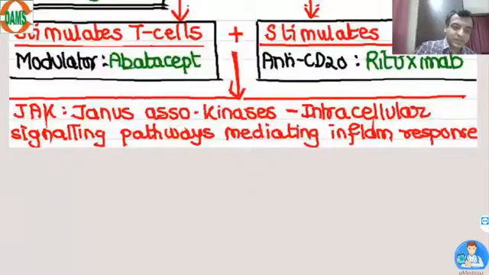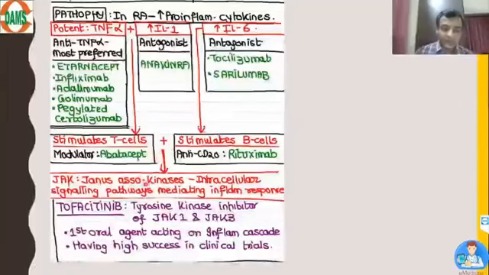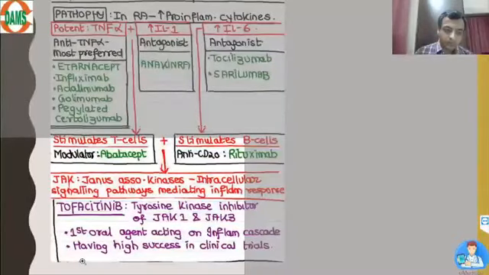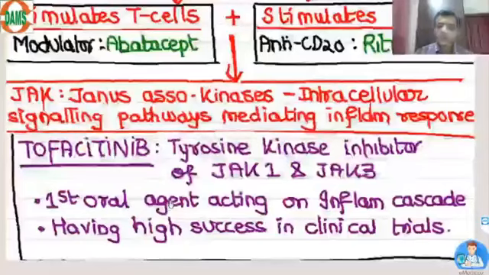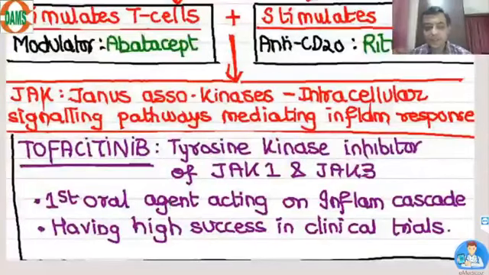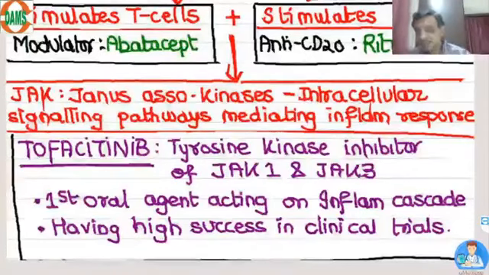So what is next? We have tofacitinib, a tyrosine kinase inhibitor of JAK1 and JAK3.